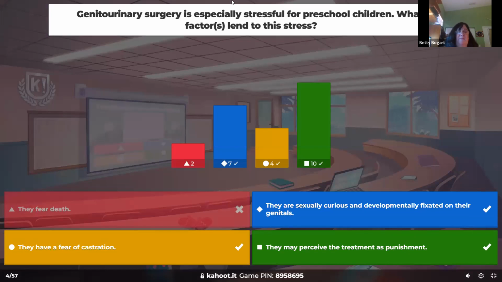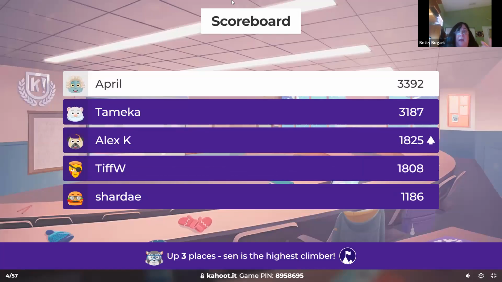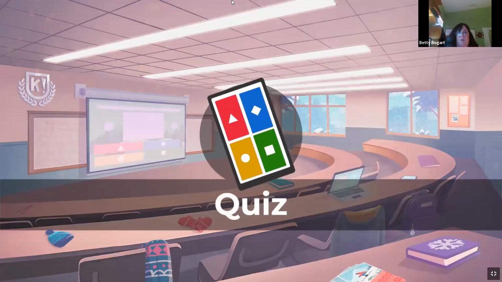That's not what it is. They fear castration. It's part of their belief. They also believe that something happened to them, that they're being punished. They hit their sister yesterday or bit her, the kid in daycare. Those things, they feel like they're being punished. And they are. They're getting sexually curious. They're touching themselves. They're masturbating. They're also seeing that there's differences, boys and girls. Like, why don't you have what I have? Why do you sit to pee? Why am I standing? All of those questions.